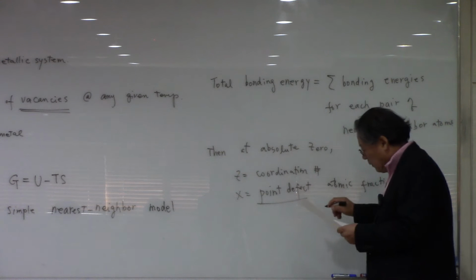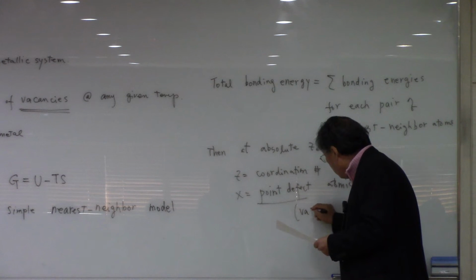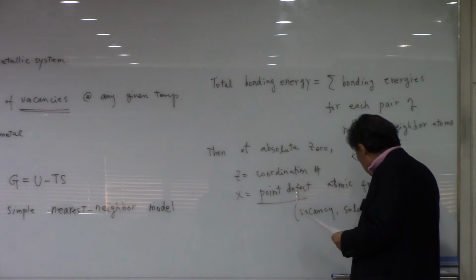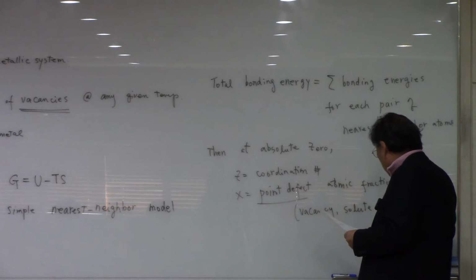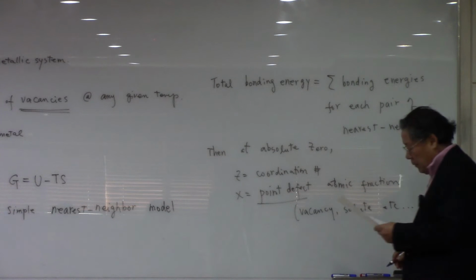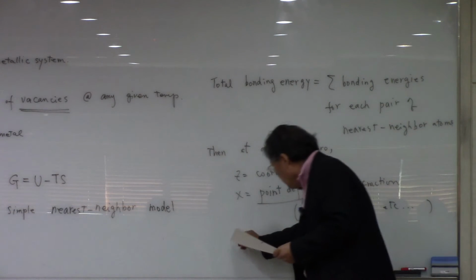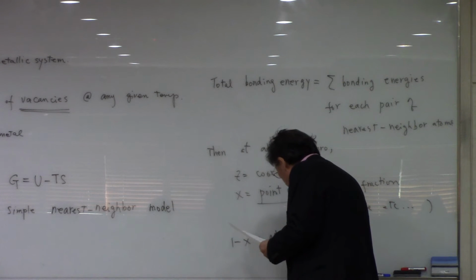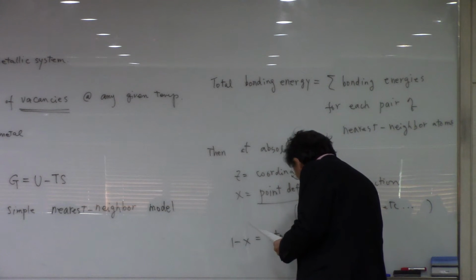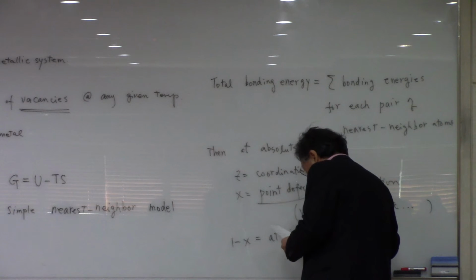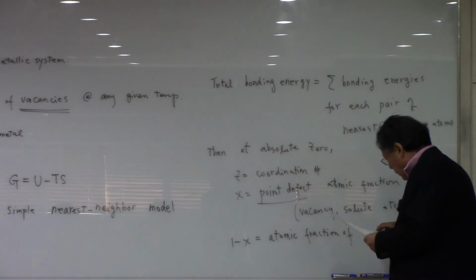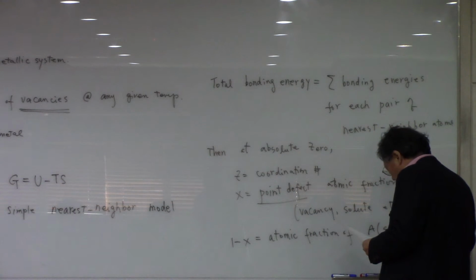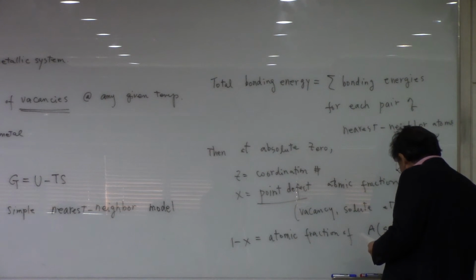Here the point defects may be vacancies or solute. Right? And 1 minus X is the atomic fraction of A, which is the solvent atoms.